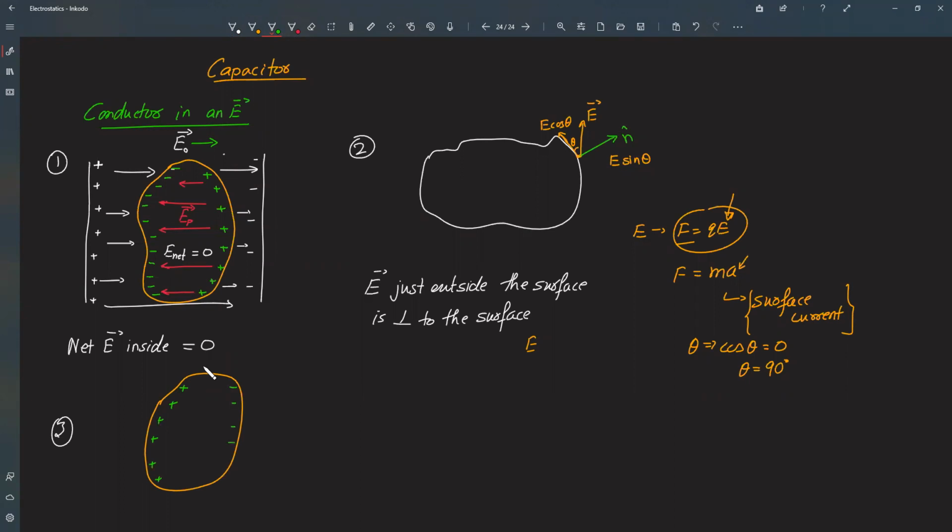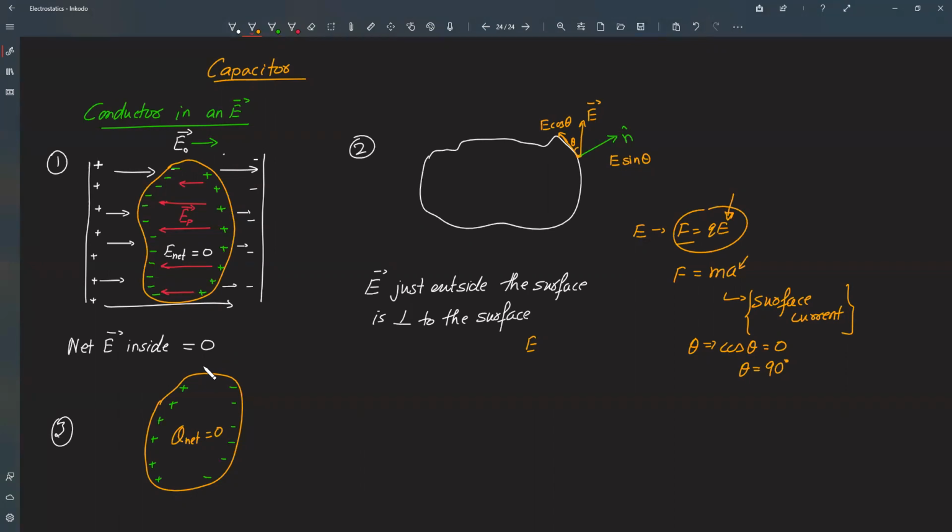There may be charge separation, but the net charge will be equal to, not E net, the charge, total charge, inside the surface will be always 0, right? And this is again proved by the Gauss theorem as well. So this is equivalent to the Gauss theorem proof which we have done, right?